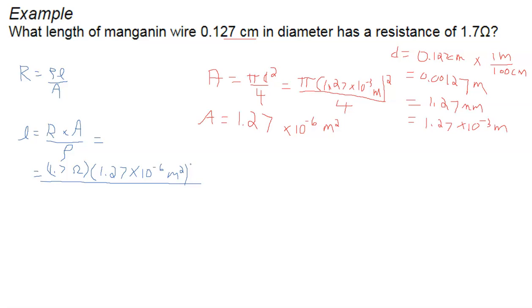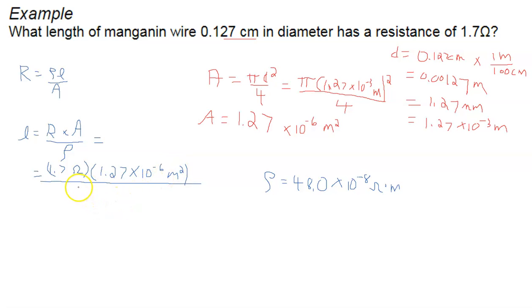And so we have then for manganin, rho is equal to 48.0 times 10 to the negative 8 ohms times meters. And so, important to pick out the one with the metric unit, of course, because the meters has to cancel.